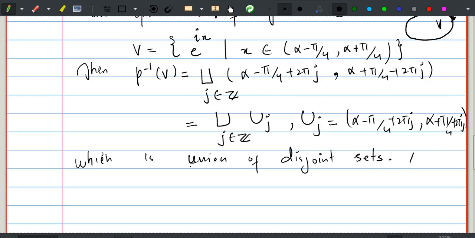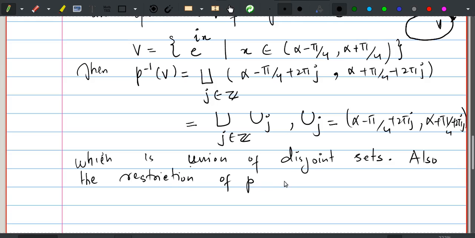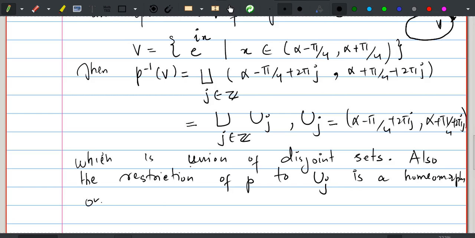Also, the restriction of P to U_j is a homeomorphism onto V, because if we look at the image of U_j under this map P, we get this V back here.